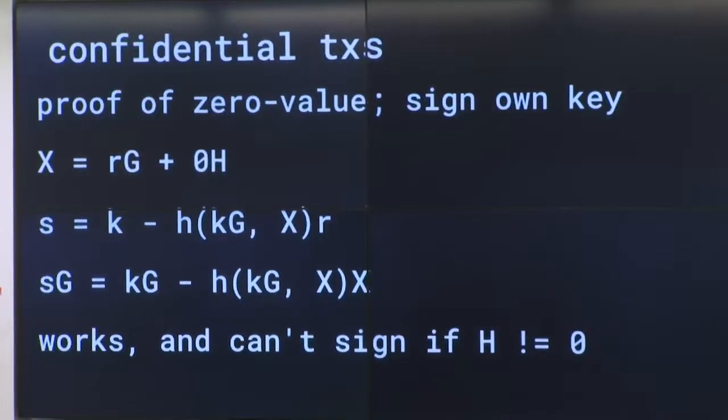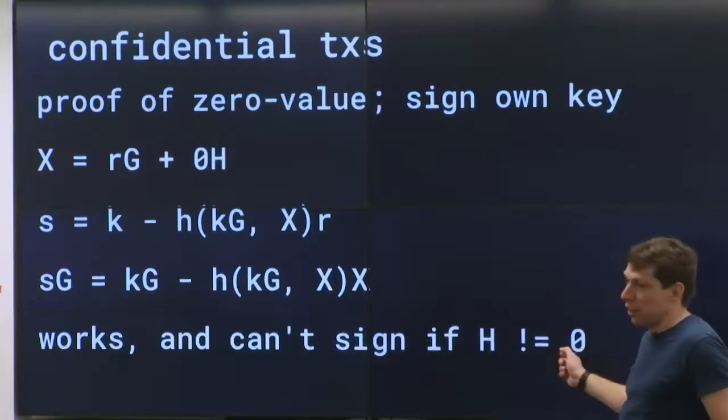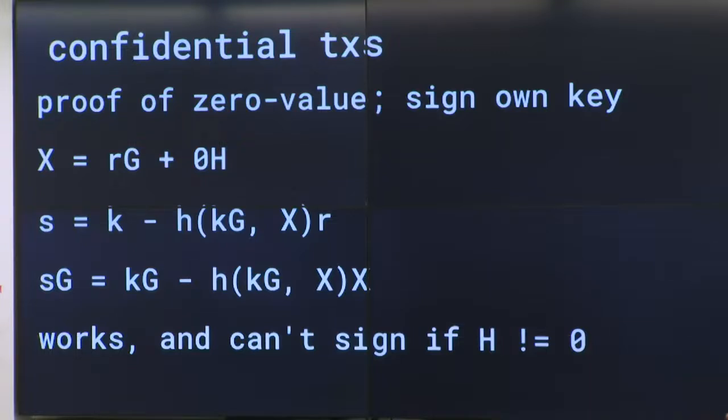Well, now I can keep the blinding factor secret and reveal a little bit of information about v. This works, and you can't sign if v is non-zero, right? You're not going to be able to calculate any valid signature unless v is 0.